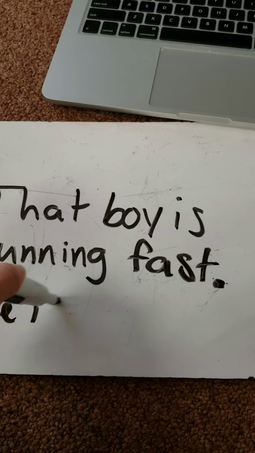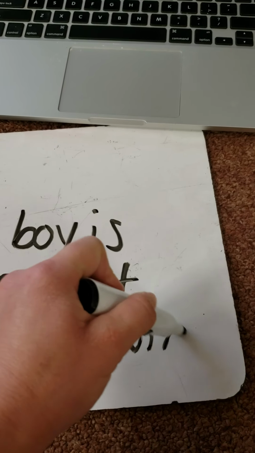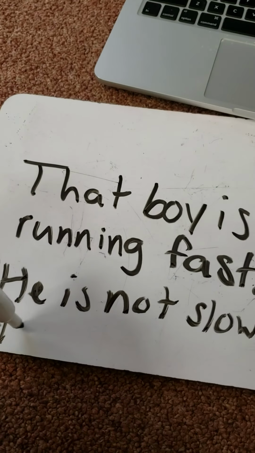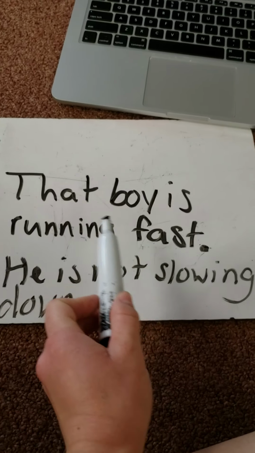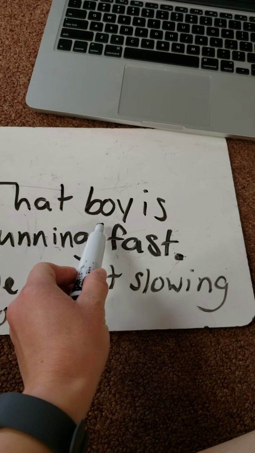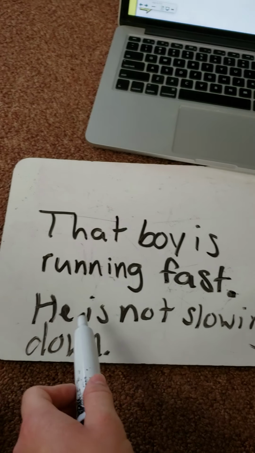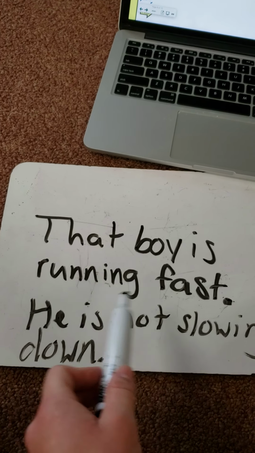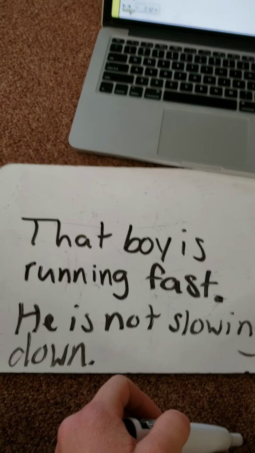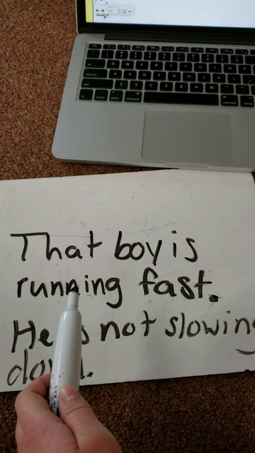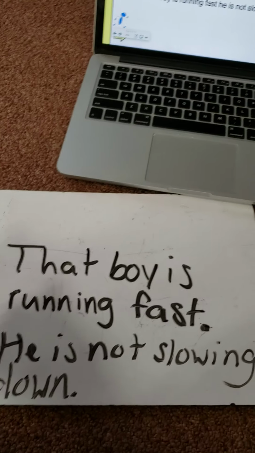He is not slowing down. So I make it two complete sentences because the first sentence is about that boy. What is the boy doing? Running fast. Second sentence is about he. What is he doing? Not slowing down. So that's one way to fix it. I could make complete sentences and change it.